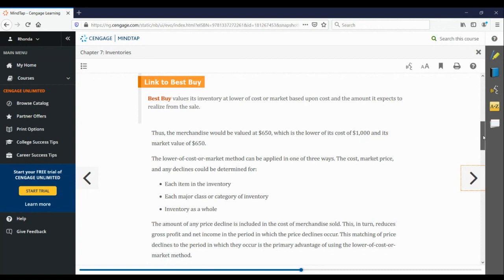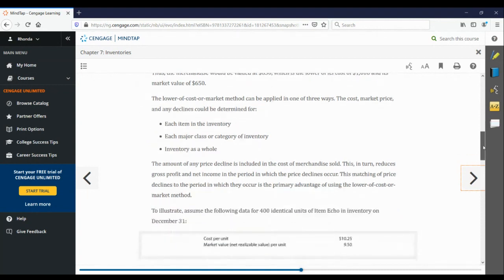The lower of cost or market method can be applied in any of these three ways here. Do it by each item in the inventory. We can determine the lower of cost or market by each separate individual item of inventory that needs to be valued at the lower of cost or market, or we can place our inventory in certain groups or classes or categories of inventory.